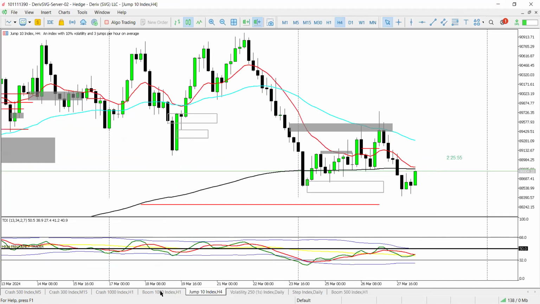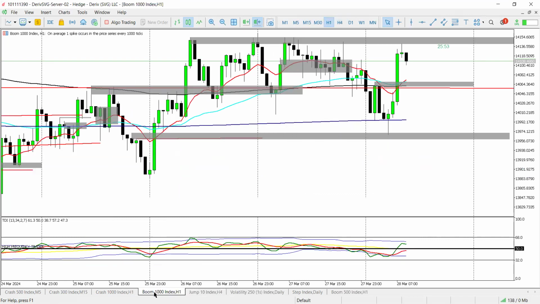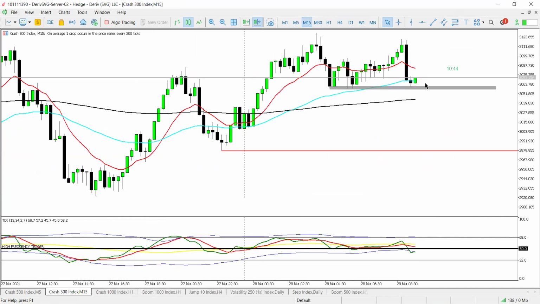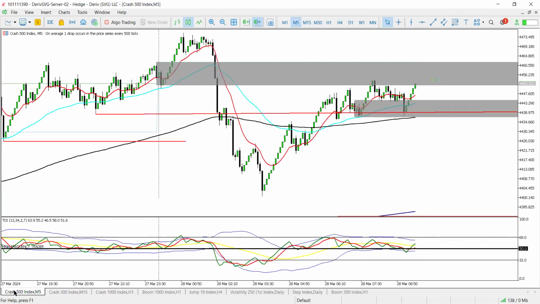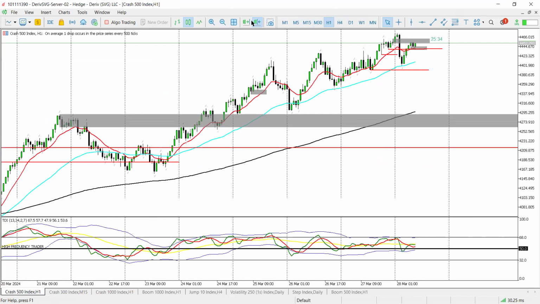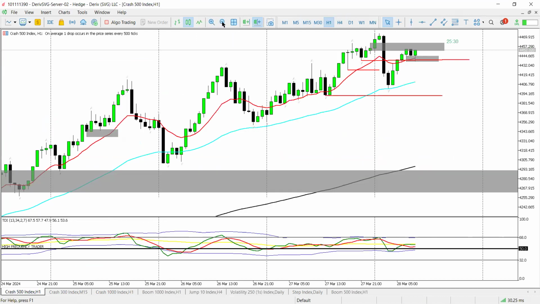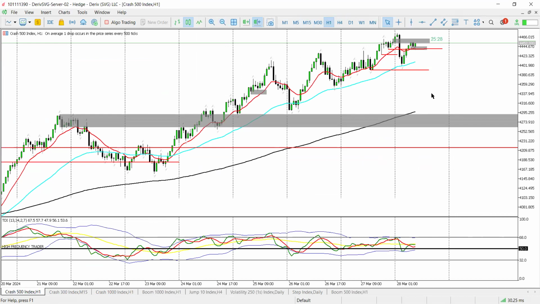So I think that's it from me. I'll be waiting for B1000, C1000, also waiting for C300, just talking on this. C5 looks like it will take us out here, but we'll continue stalking it for a potential sell, because as you can see, we've been pushing up for quite some time.